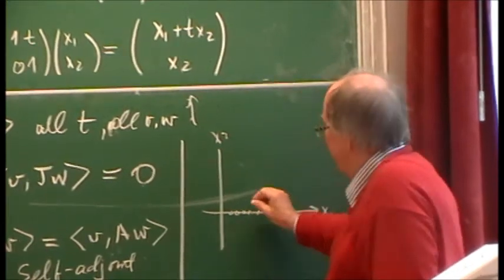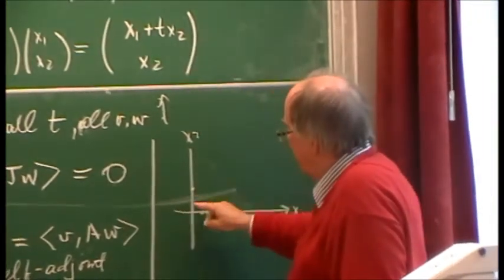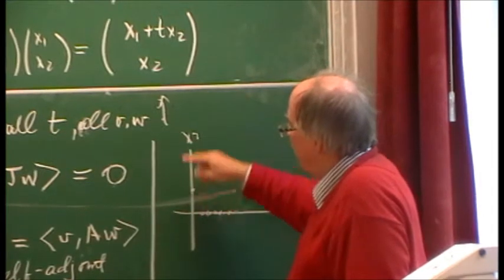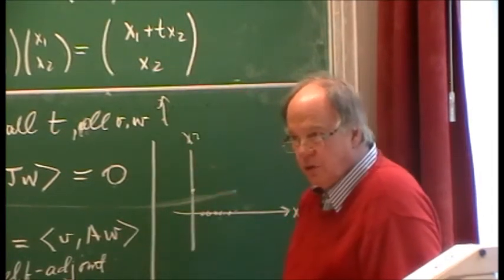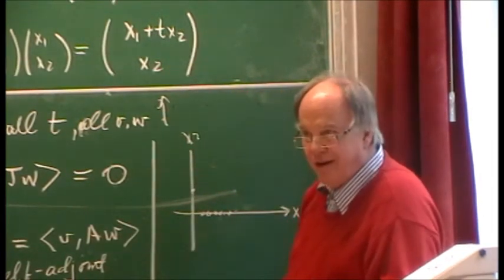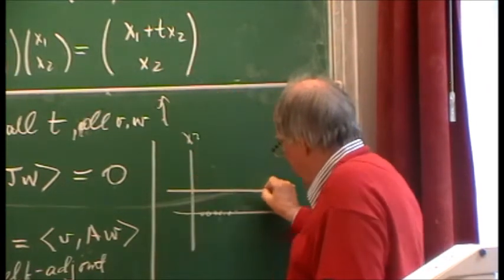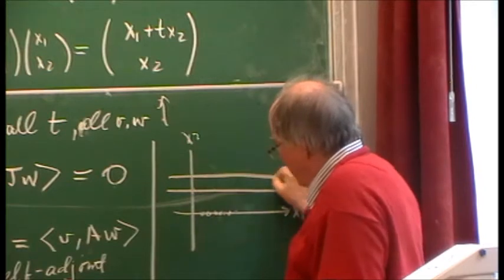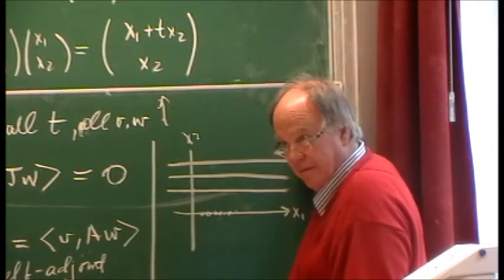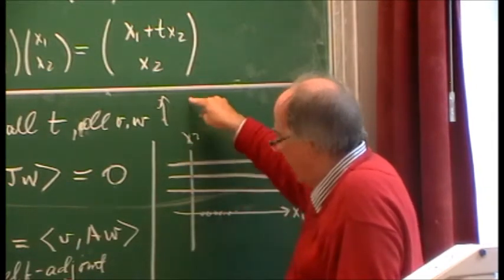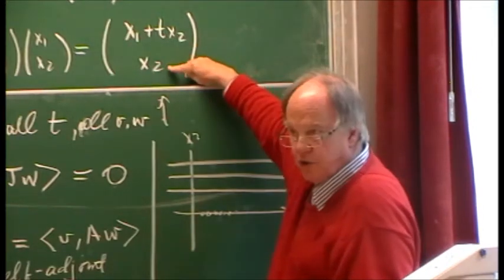Okay, if I go up here, now x2 is not 0. As I go along the flow, what happens to x2? Niente. x2 doesn't change. That means you have this invariant manifold here. All these things are invariant manifolds. You start at x2, no matter how high you are, it doesn't change. Look at it. It doesn't change.